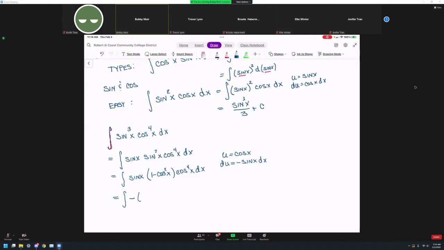Negative 1 minus u squared, u to the fourth du, which is the integral of u to the sixth minus u to the fourth du.